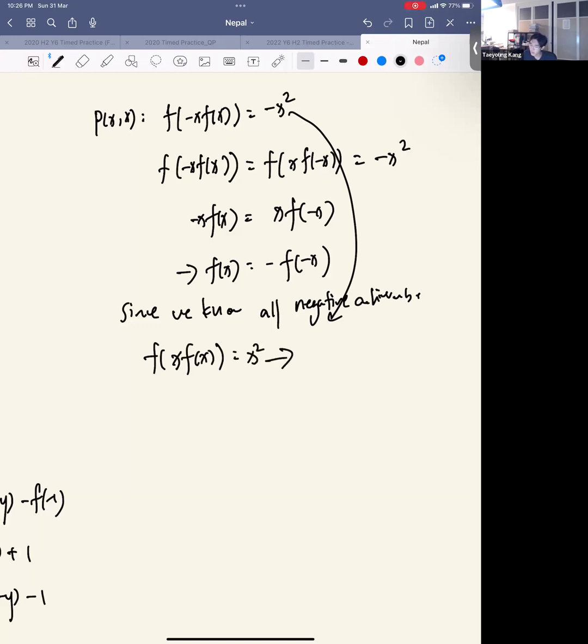And this reaches all non-negative reals. Hence, f is surjective. Do you guys agree?